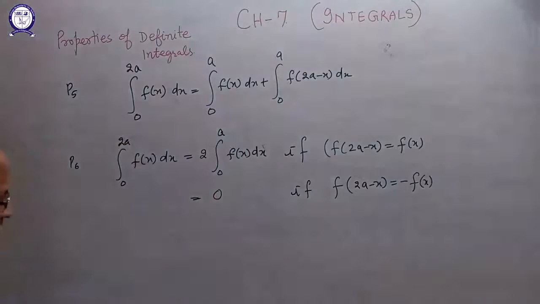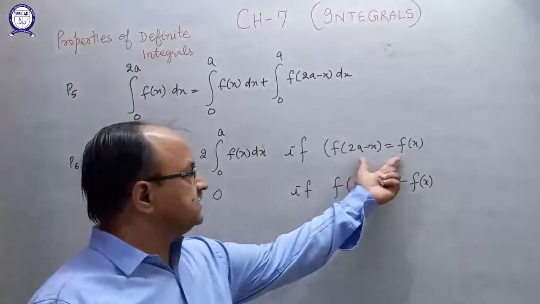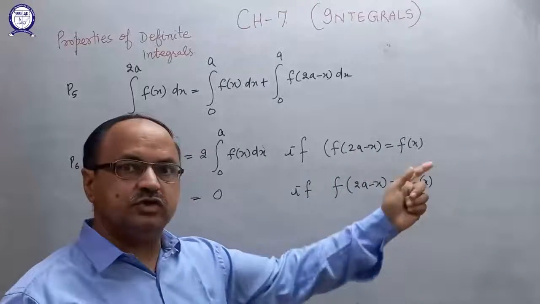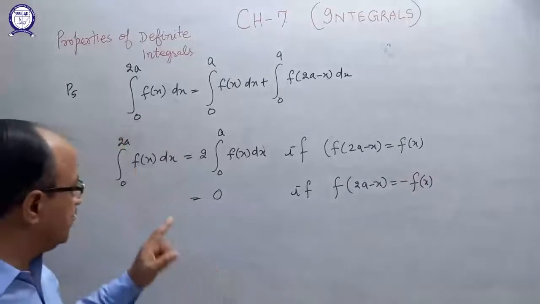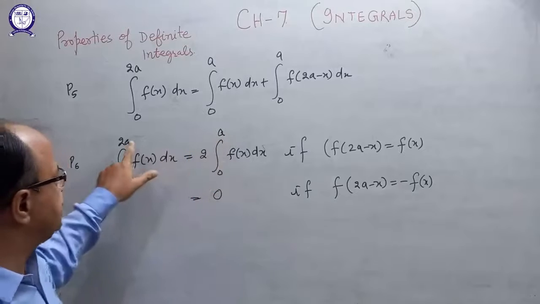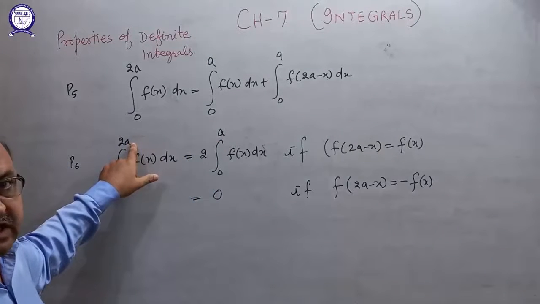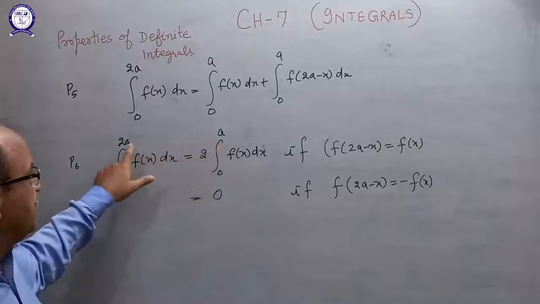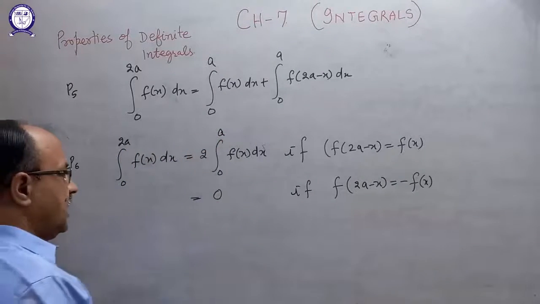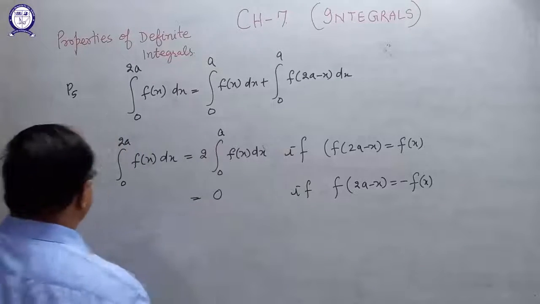Firstly check whether f of 2a minus x is equal to f of x. Then you can convert the question, write 2 and limit 0 to a. It means half of this portion: if you have 2a, then you can write a. If you have 2 pi, then you can write here pi. Clear? And if f of 2a minus x is equal to minus f of x, then you can write 0.